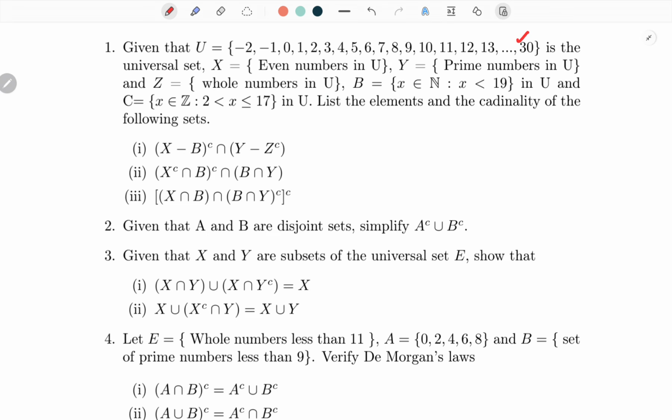So we're going to say X is going to be a set which is going to be like this. So our X is going to start from, we've got -2 as an even number. Sorry, let me just reduce on the pen.